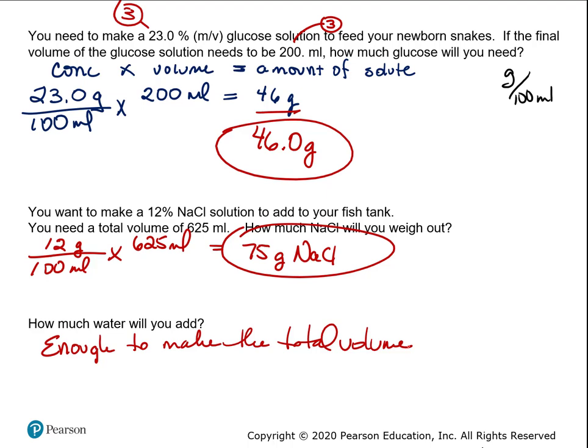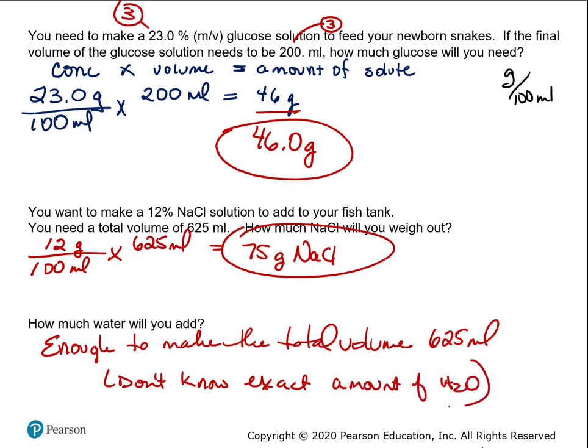You add enough water to that sodium chloride to make the total volume 625 milliliters. That is the final volume. So you really don't know the exact amount of water, because a solution is water and solute together.